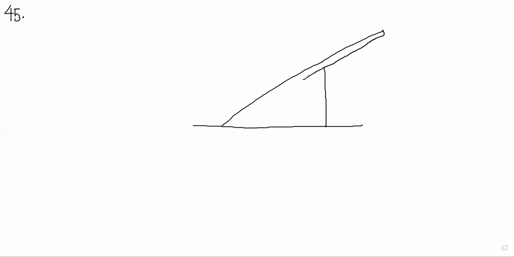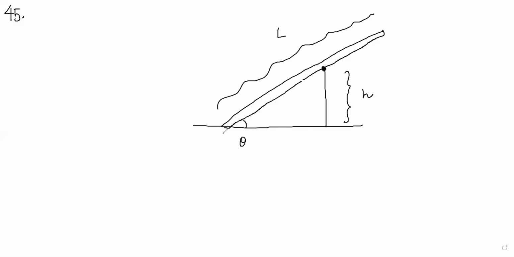The 45th one is similar, slightly more complicated. This is theta, this whole length is L, this height is H. The rod rests against a smooth roller, smooth here, so no friction.